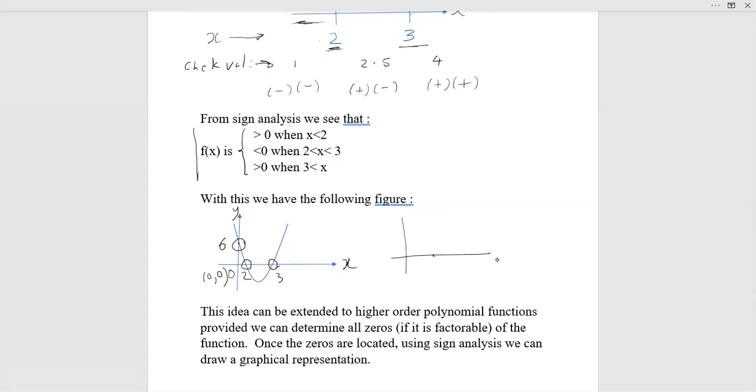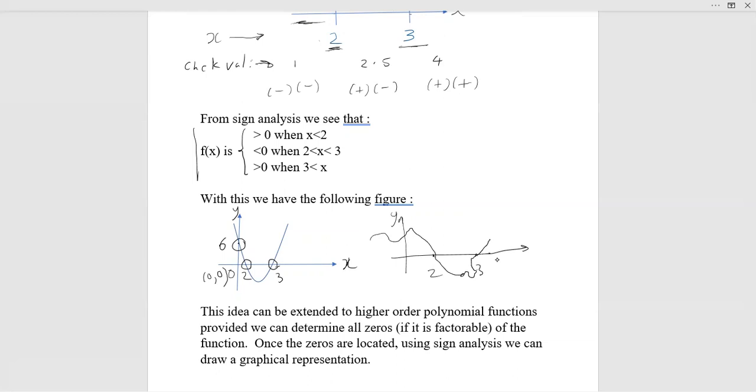The only thing we know, if we use what we learned in this lesson so far, is that before 2 the graph is positive. After 2 it is negative. Between 2 and 3, again, the shape we don't know.